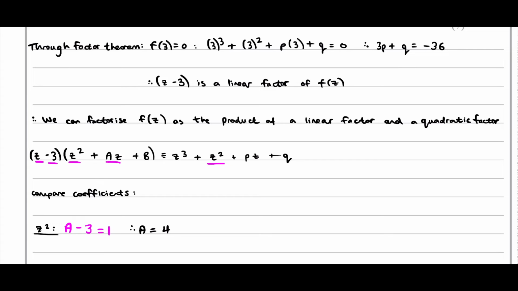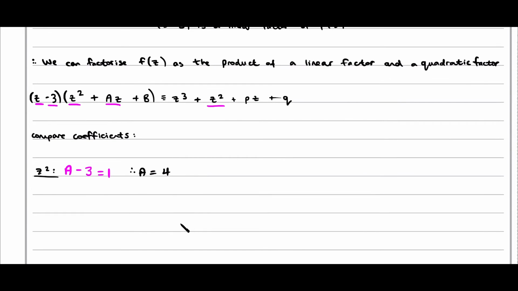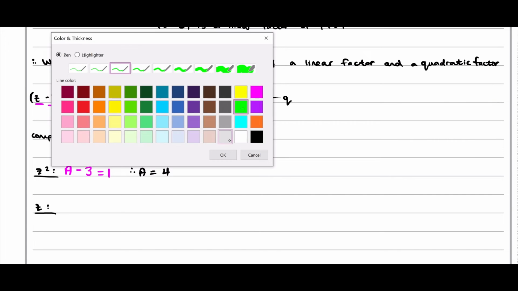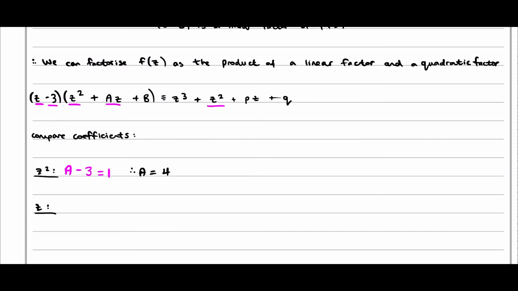Now, if we compare the z terms, let's do this in a different colour. If we compare the z terms, we have z times by b, so we have b, and then we have minus 3 lots of a of them, and on the other side we have p of them.